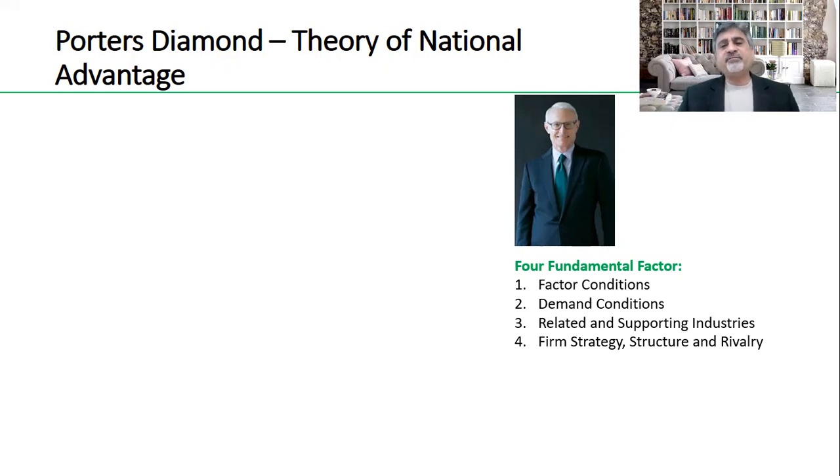Number two, you have demand conditions in your home country. Demand conditions means, number one, what is the overall demand in a particular economy? I give you an example. There are some countries which are very small. They have a small population, 2 million, 5 million, 10 million, 20 million. Their local demand is not enough to set up heavy industrial manufacturing plants.